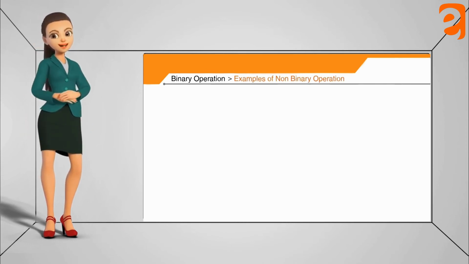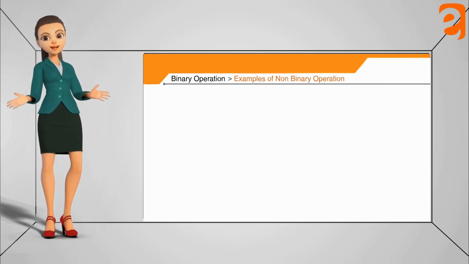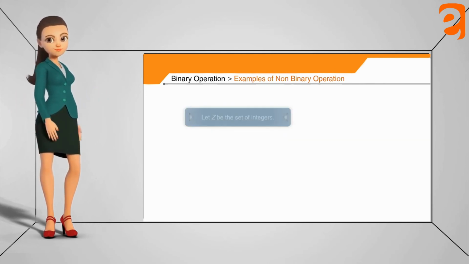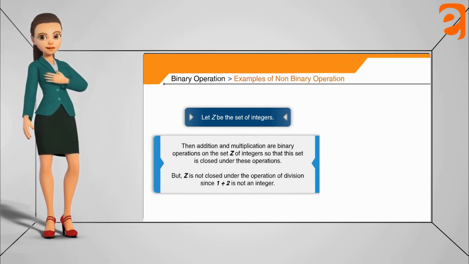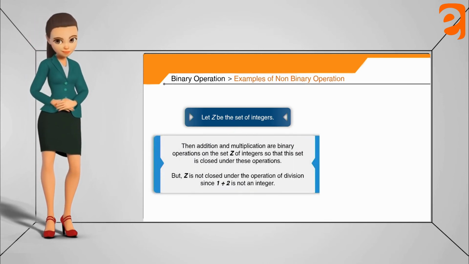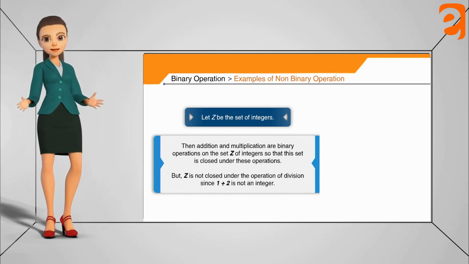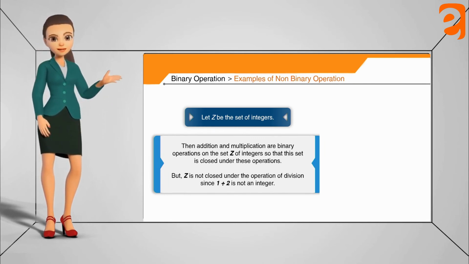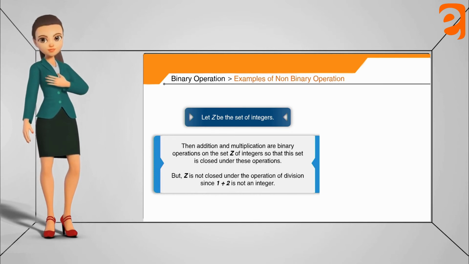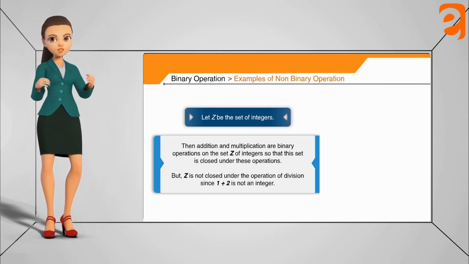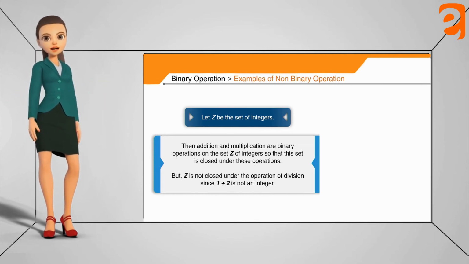Let us now consider cases where the operation is not a binary operation. Let us consider the set of integers Z. We know that addition and multiplication are binary operations on the set of integers. But what about division? Is division also a binary operation on the set of integers?